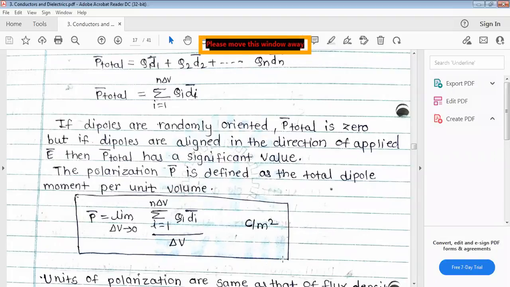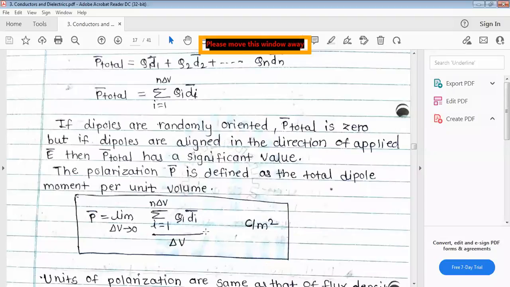So just remember here. In numerator, what is this? Q into d. Q means charge, d means distance. Charge is measured in coulomb.